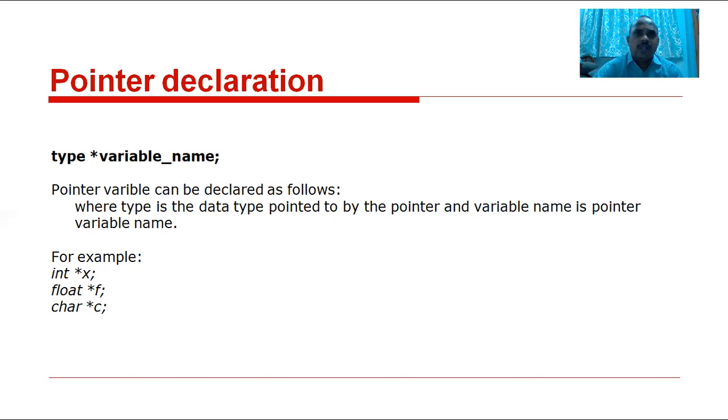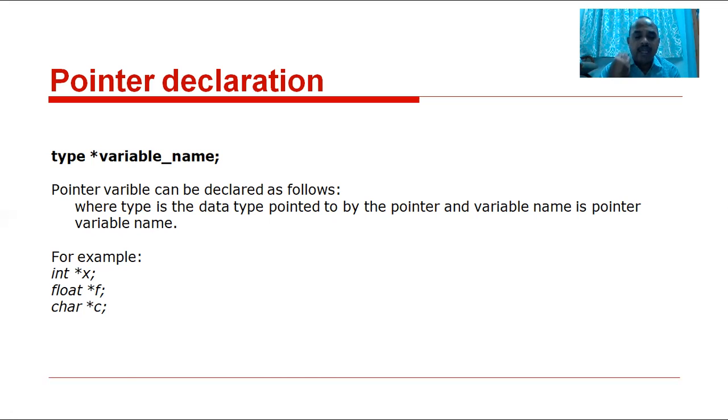Clear? The asterisk is an indirection operator. Why is it called an indirection operator? Here asterisk x means it shows the content in the address location that x holds, the address of another integer variable.